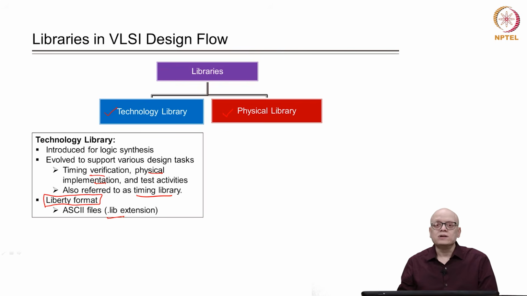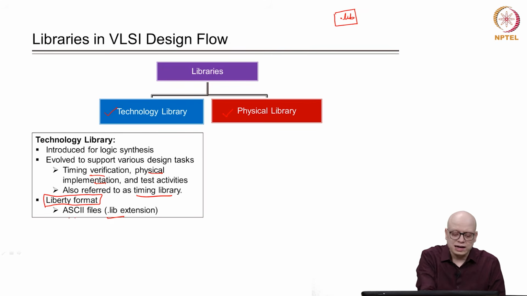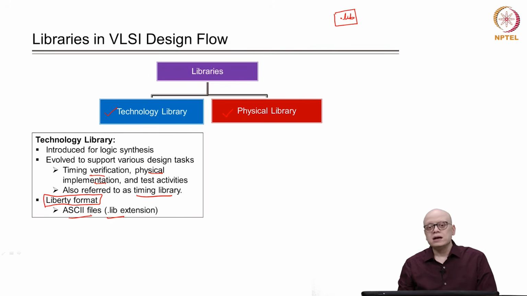So, if you have a design infrastructure with .lib files, then these .lib files most likely contain information of the technology library. And these are ASCII files, meaning that you can open them in an editor and just see what characters and things are written there. So, these technology libraries are human readable.